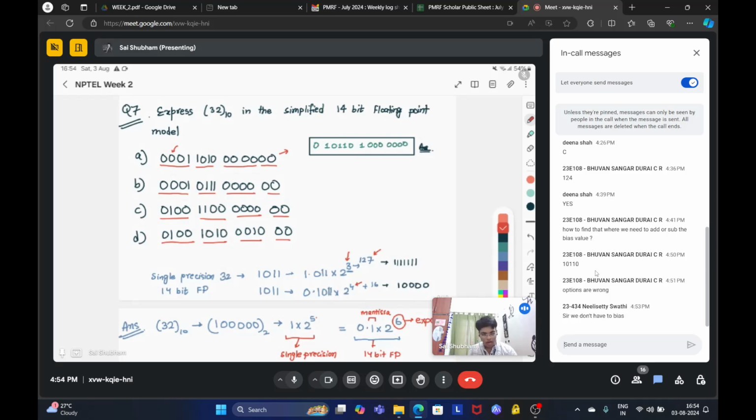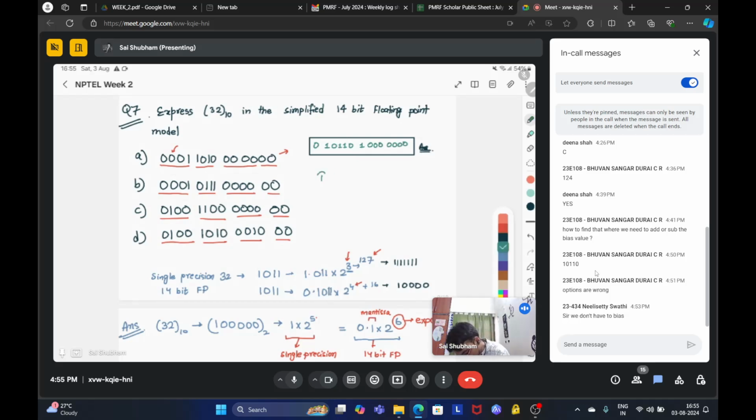So you are saying that we don't have to add bias. Why is that the case? I think in 14-bit precision we add bias. Okay. So the situation is that these two are probably different representations.